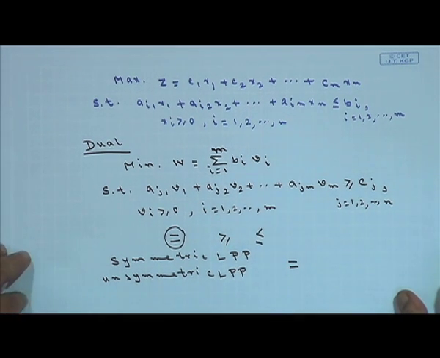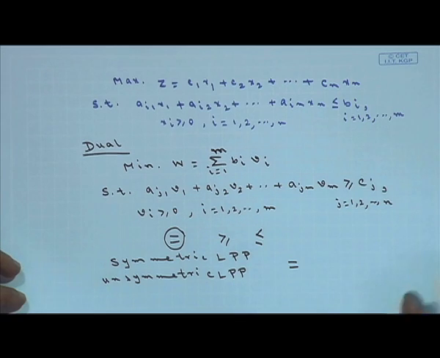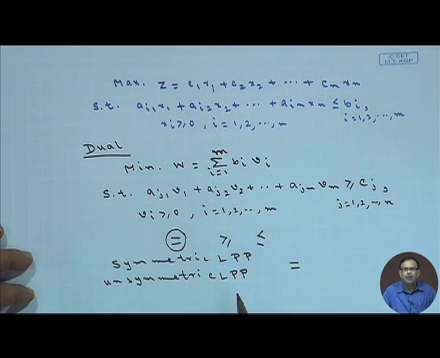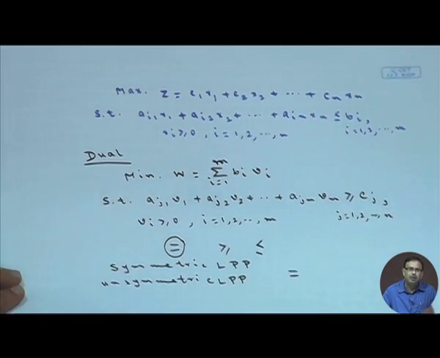So, if in the constraints you have greater than equals or less than equals inequality, then the primal and dual problem is known as symmetric LPP, whereas if the constraints contain only equality type, we call it unsymmetric LPP.